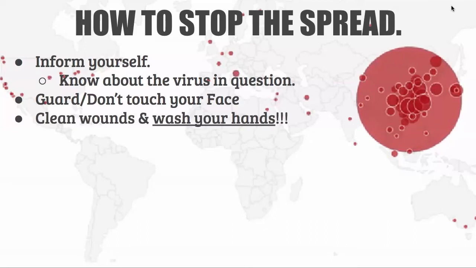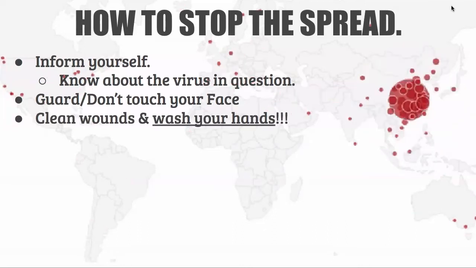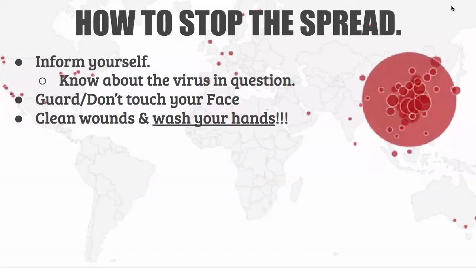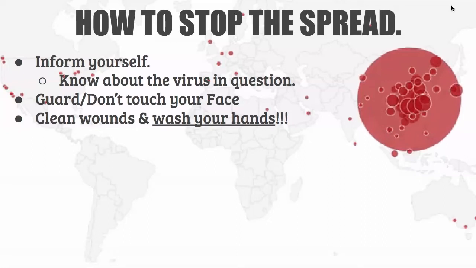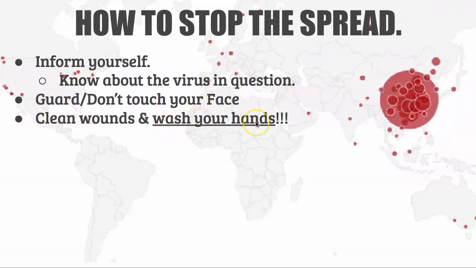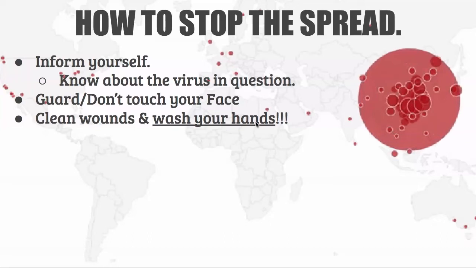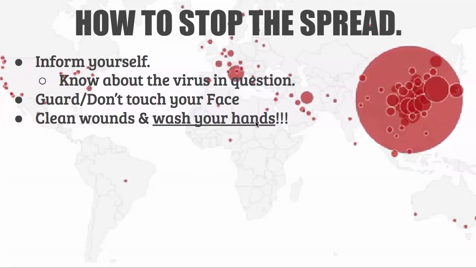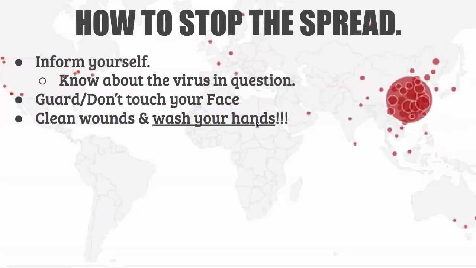Next up, clean any wounds that you have. Again, our skin is very protective, but if we get a cut and then that cut gets infected, well, now it's right in your bloodstream. And so making sure that your wounds, if you have any wounds, are clean, and washing your hands. I have that underlined because that is so important. In fact, washing your hands with just normal soap and water actually kills the virus a lot better than just using hand sanitizer.